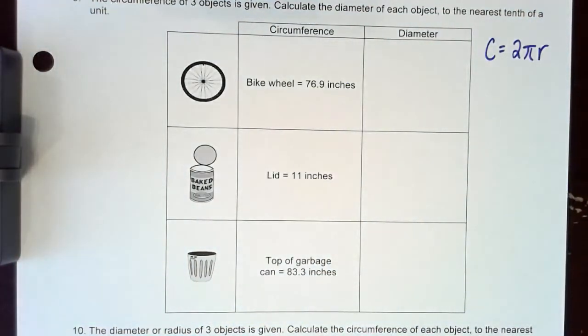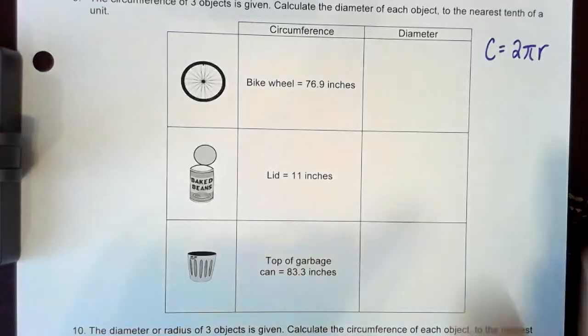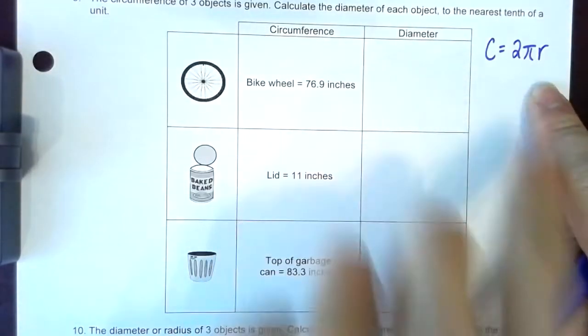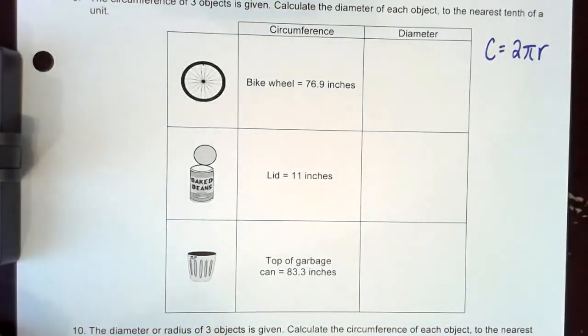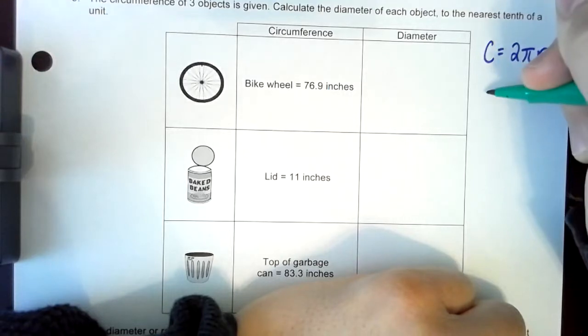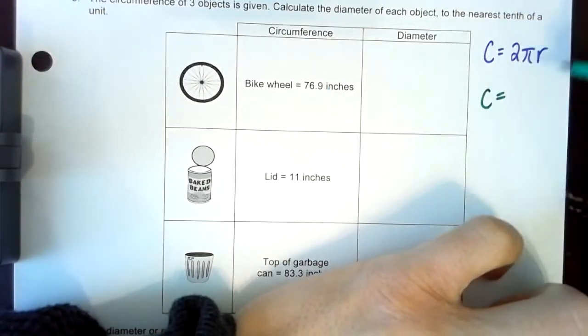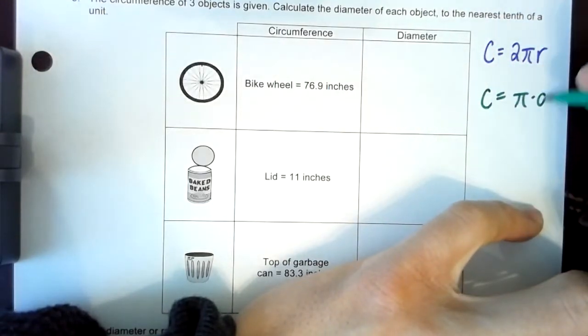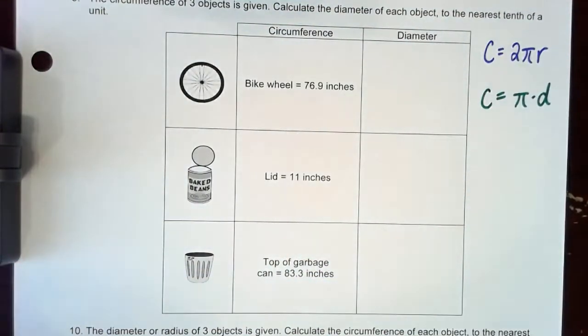That's literally just the formula to calculate circumference if given the radius, okay? But it seems like in these problems, we'll be dealing with diameter. So the alternative formula that we use is C equals pi times diameter, okay?